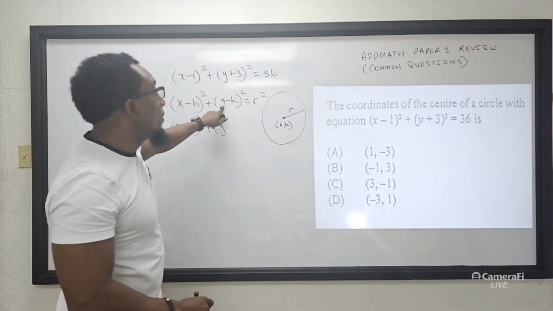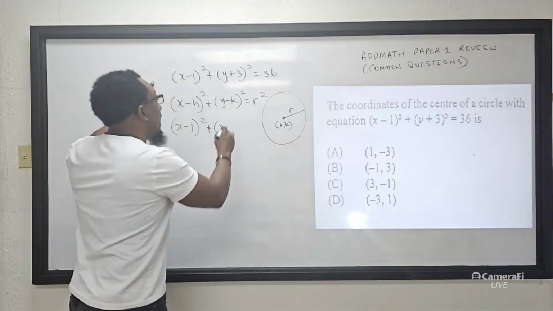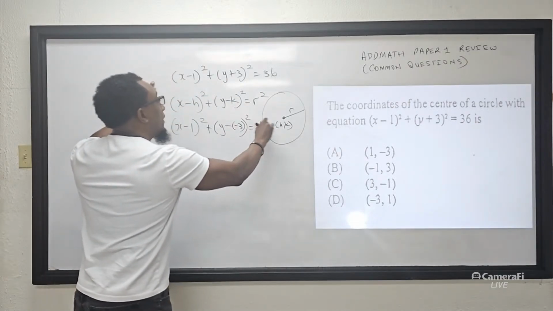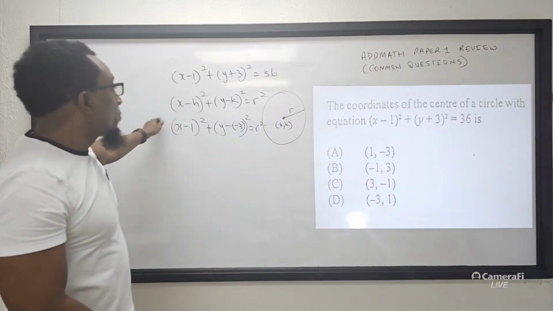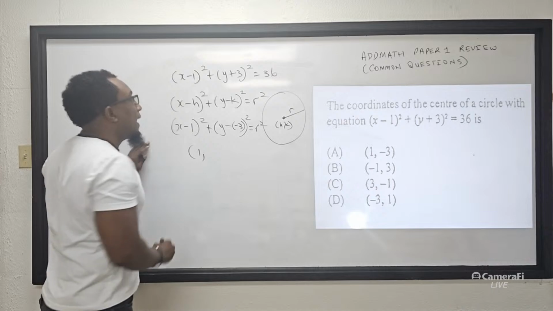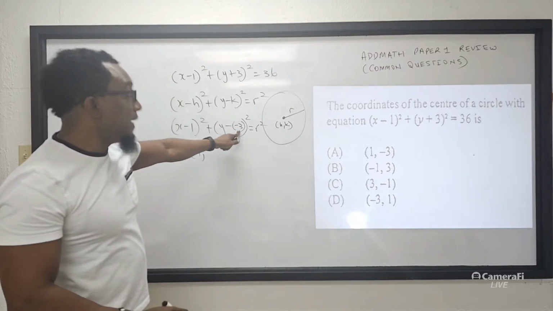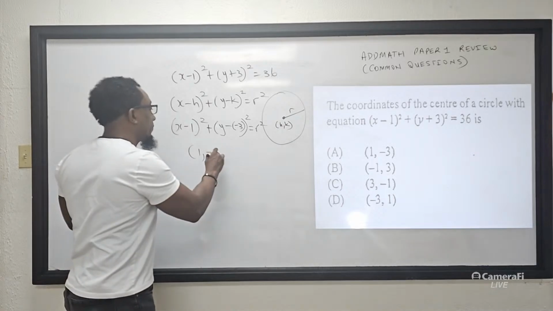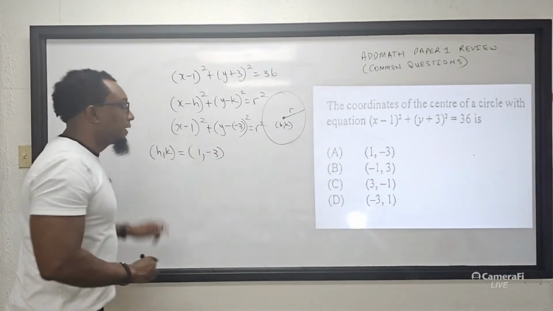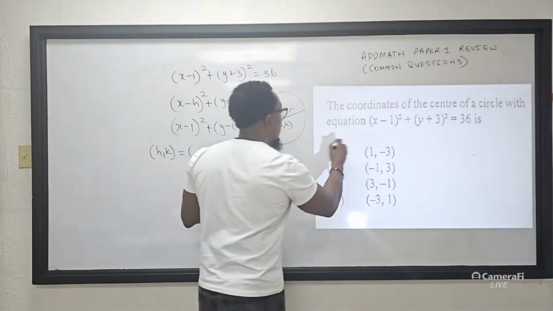So to get it in the form y subtract k, I'm going to rewrite y plus 3 as y subtract negative 3 in bracket squared is equal to r squared. So h in this case is automatically 1 and k is negative 3. So you know h and k, the coordinates of the center will be (1, negative 3), whose answer there is D.